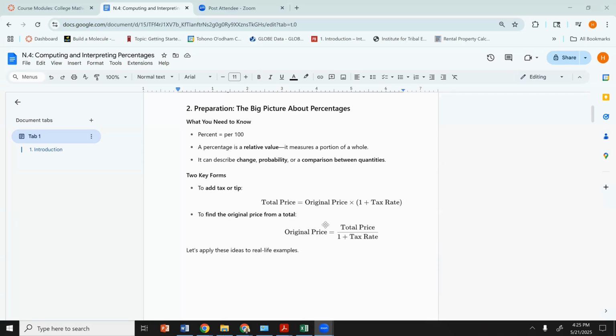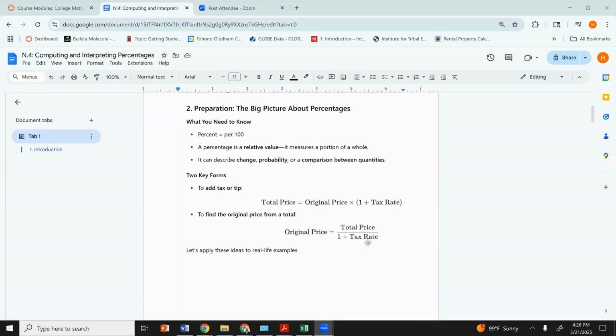This will help in determining the original price from the purchase after you pay tax or tip. So the original price is equal to total price divided by 1 plus the tax rate. The tax rate usually comes in percentages, so whatever percentage you have, you divide it by 100, and that's going to be your tax rate.